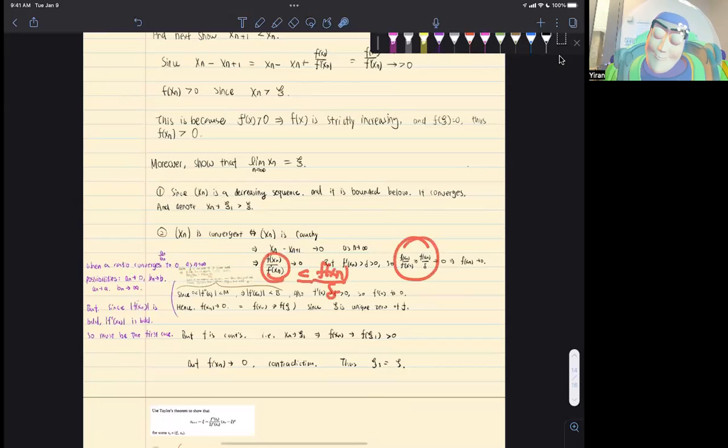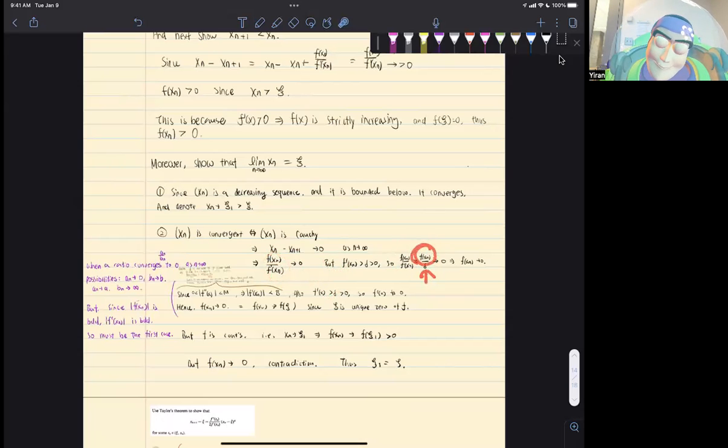So we have this, right? And then we have this is a constant, and we know because this converges to 0, this converges to 0, and that implies the only possibility is f of xn converges to 0.